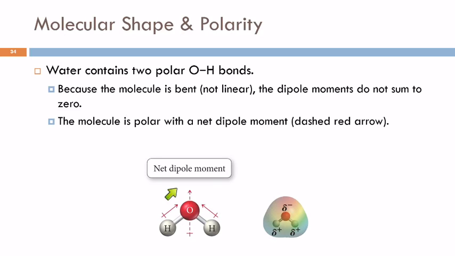So we have a vector going in this direction and a vector going in that direction. Those two vectors are not going to cancel each other out. It results in a net vector equal to this dashed line. So we have a net vector or a net dipole moment going in that direction.